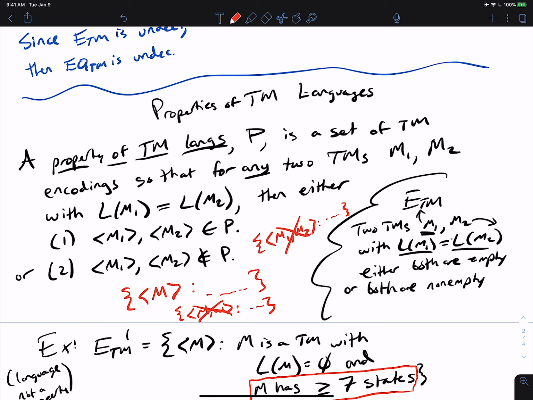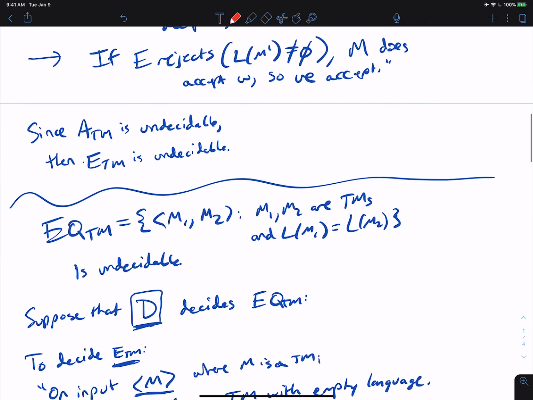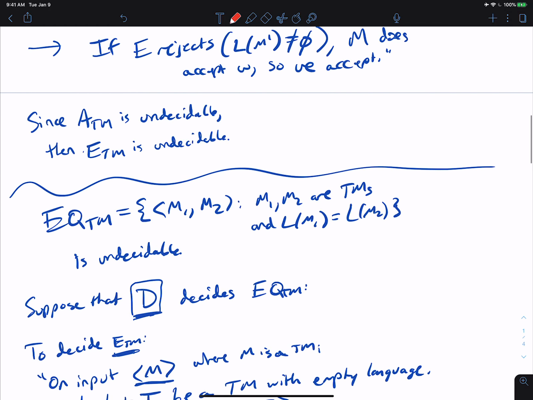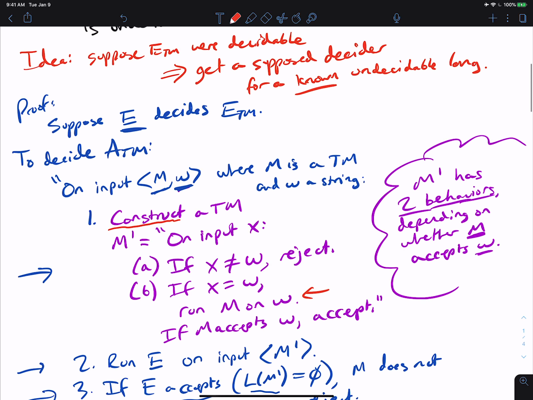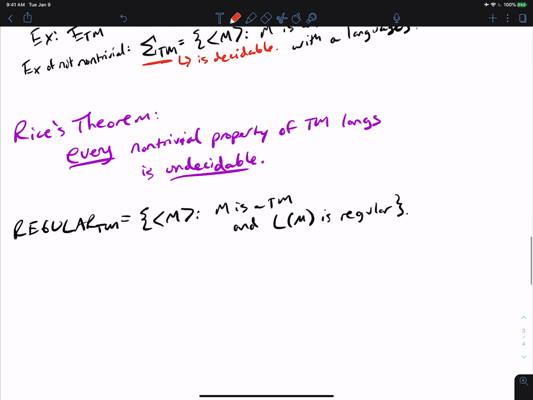Like in this case, M1 and M2 are inherently related to each other. They're presented together as input. We're only talking about languages that have a single machine description for each of the strings. So we couldn't use Rice's theorem to prove EQTM undecidable or ATM undecidable. We can use it for ETM, but we can't use it for ATM or EQTM.